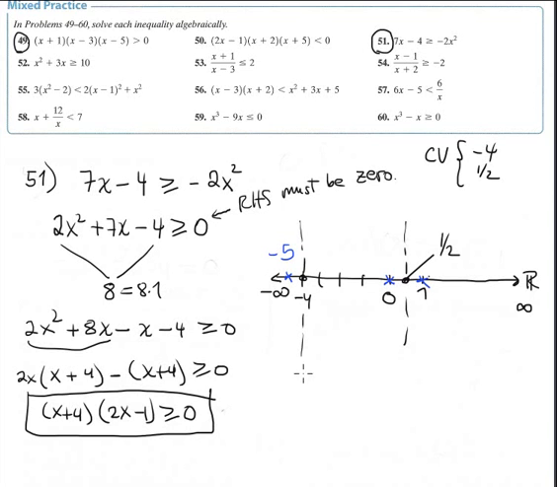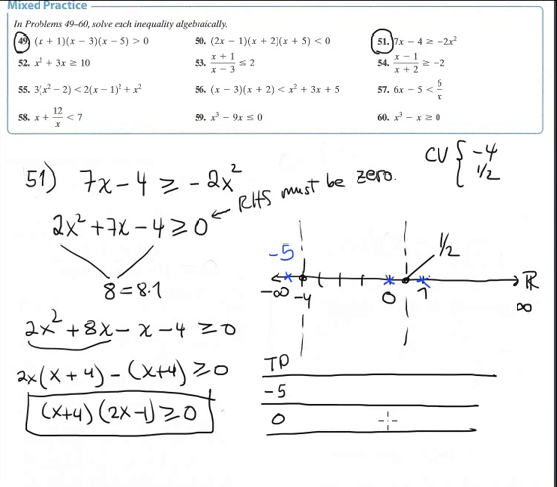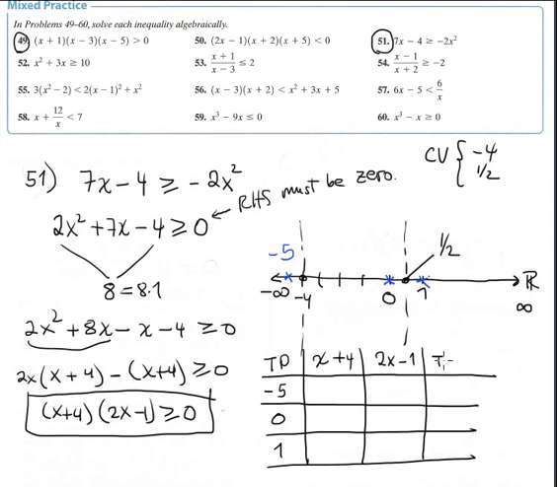Let's do it in the chart. The chart has testing points. The testing points are negative 5, 0, 1. And the factor is x plus 4, and the other factor is 2x minus 1. And this is the total sign.